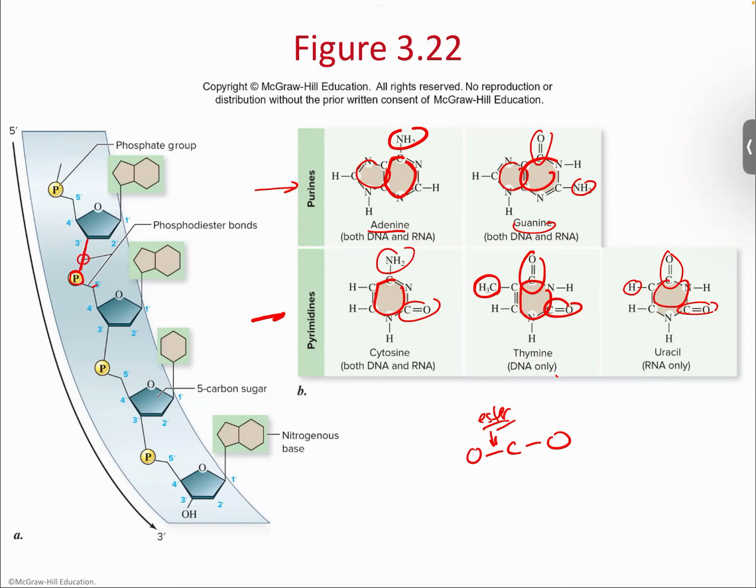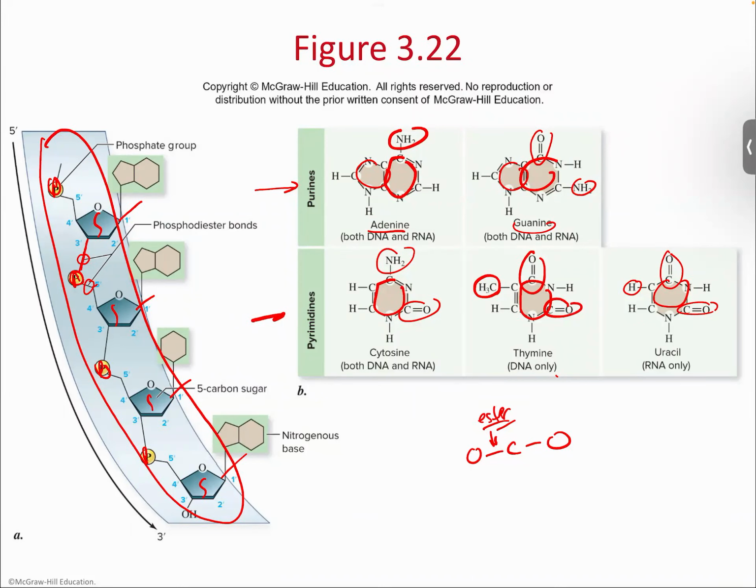That's why they call it the phosphodiester bond. And so you'll see that when you're connecting these together, it forms this repeating unit of phosphate, sugar, phosphate, sugar, phosphate, sugar, phosphate, sugar. So you have this long backbone chain, where you have these nitrogenous bases sticking out at the number 1 positions.